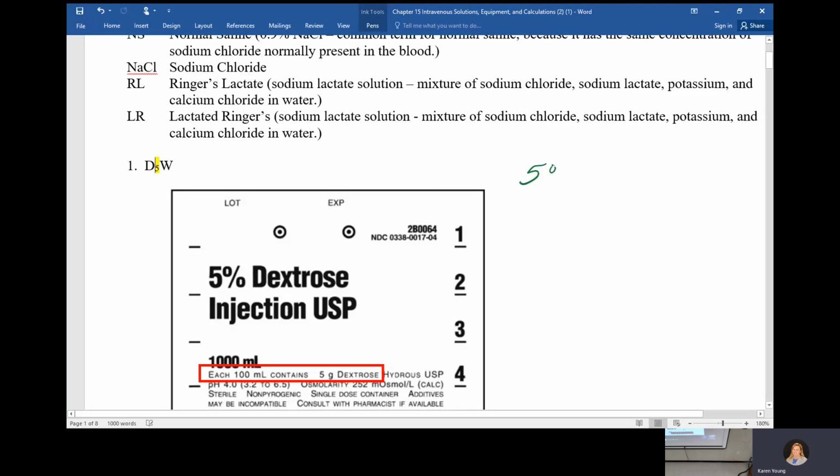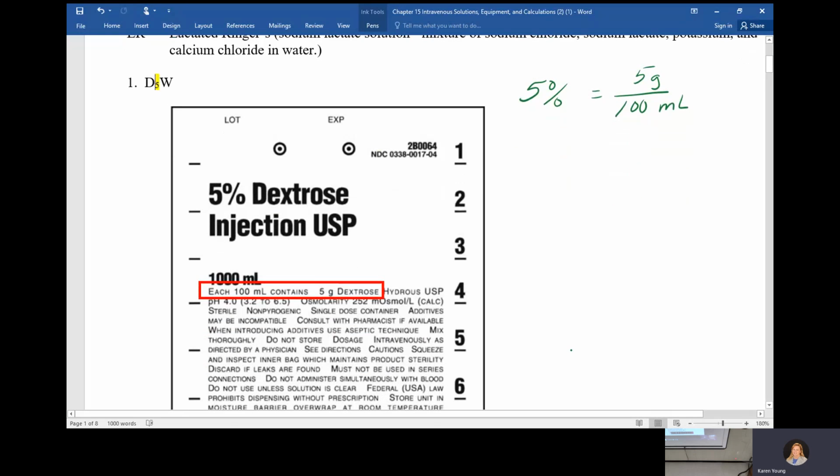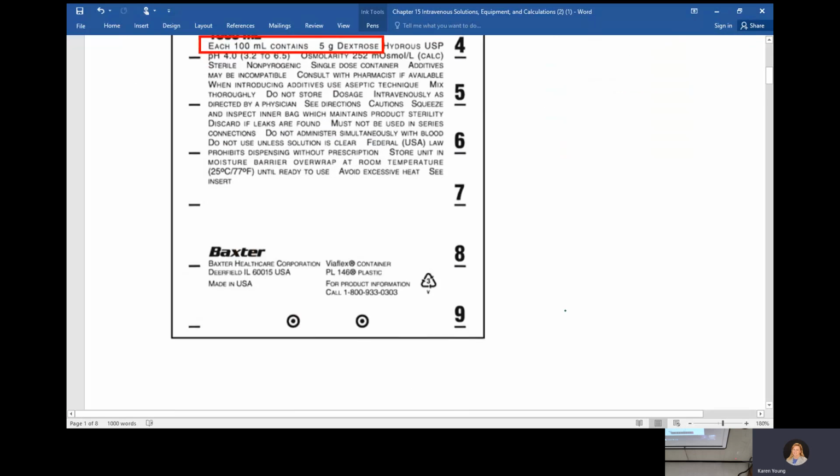With that 5%, it's the same thing as saying 5 grams out of 100 milliliters. So for every 5 grams, I have 100 milliliters. Or every 100 milliliters, I have 5 grams. All right. And it also says it right here in the red box. Each 1,000 milliliters contains 5 grams of dextrose. Okay. But just so you know what it means.